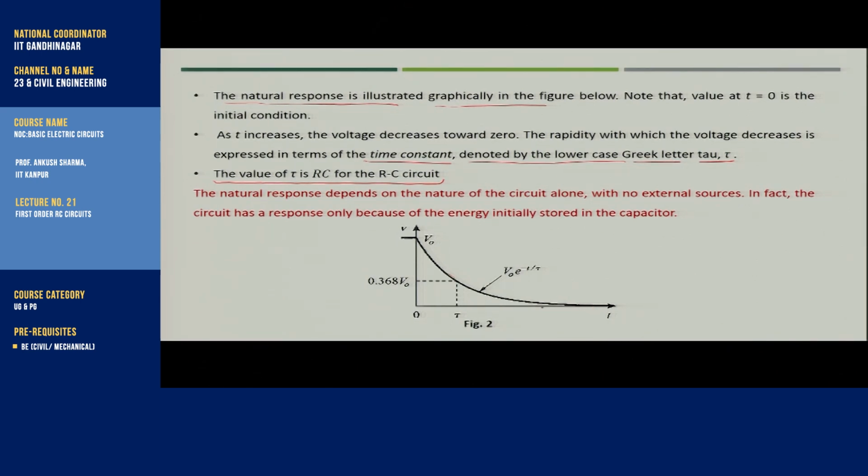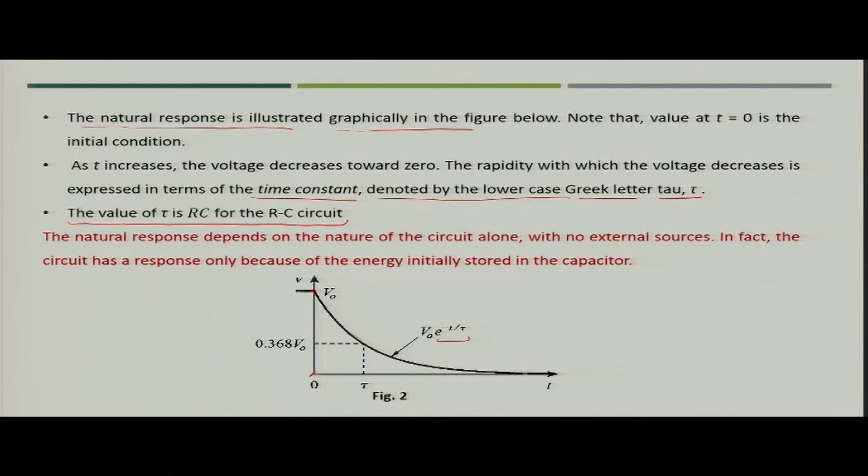At time t equal to 0, the initial value of voltage was V naught, and after that, because of this factor, it decays, and eventually all the energy is dissipated in the resistor. When we say t is equal to 0, we call it the initial condition.